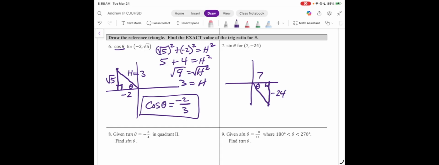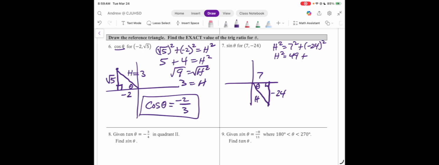Now, this is a Pythagorean theorem, but I'm just going to show you that h does work out to a whole number here. So hypotenuse always stands alone. H squared equals 7 squared plus negative 24 squared. So h squared is 49 plus, most people don't memorize 24 squared.